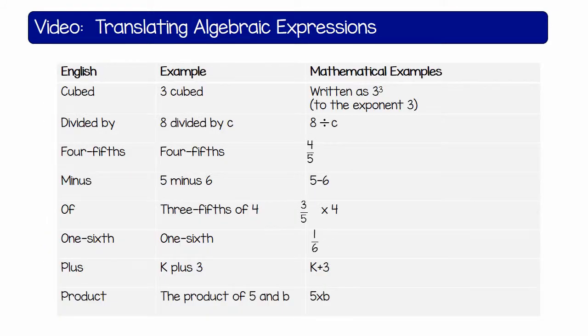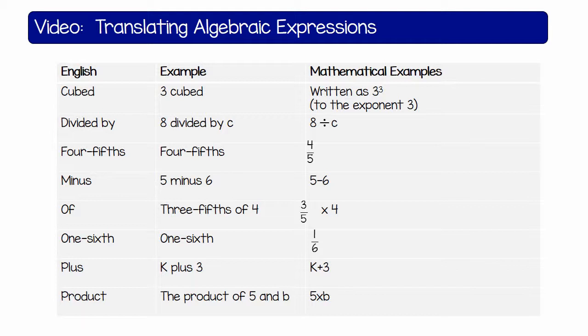Cubed, for example, 3 cubed. We would write this as 3 to the exponent 3. Divided by, for example, 8 divided by C would be written as 8 with the divide sign C. 4/5 means 4 out of 5, which would be a ratio fraction.